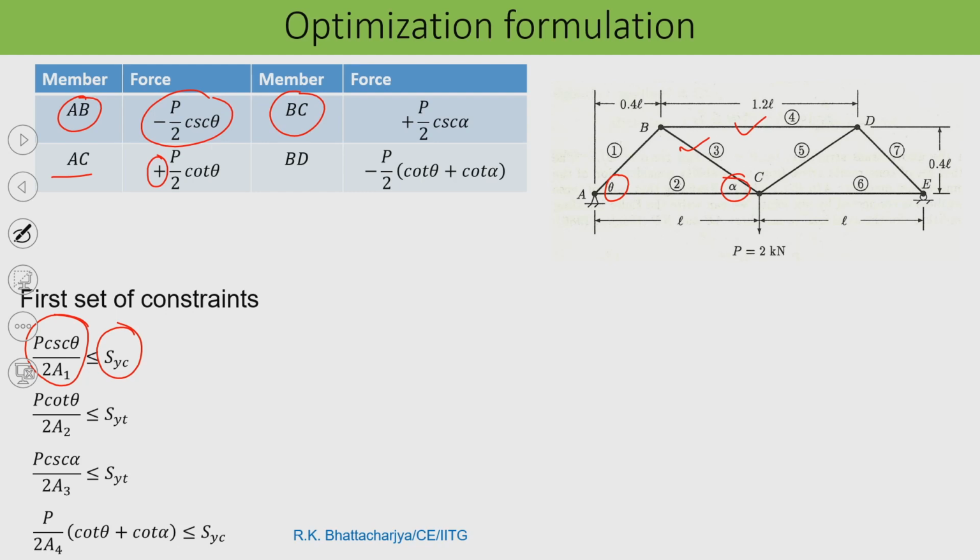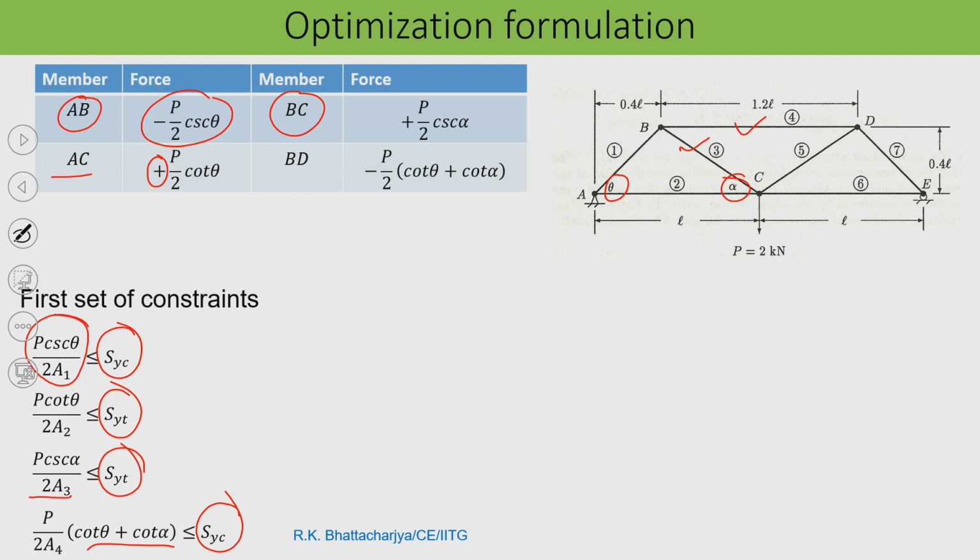Similarly, for member AC, the stress is P cot theta by twice A2, and that should be less than the permissible tensile stress of the material. For member BC, P cosec alpha by twice A3 should be less than SYT, that is in tension, and for member BD, P by twice A4 within bracket cot theta plus cot alpha should be less than the permissible compressive stress of the material.